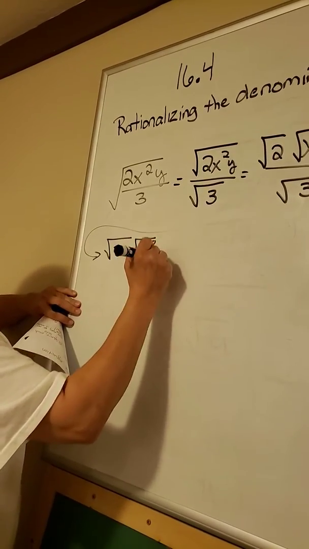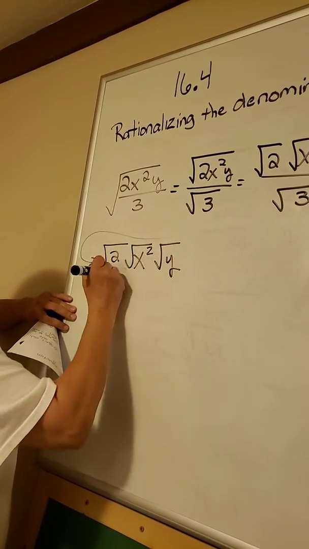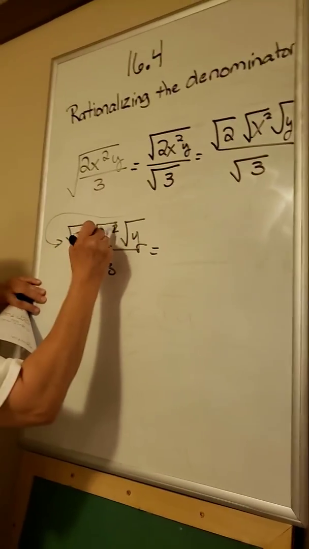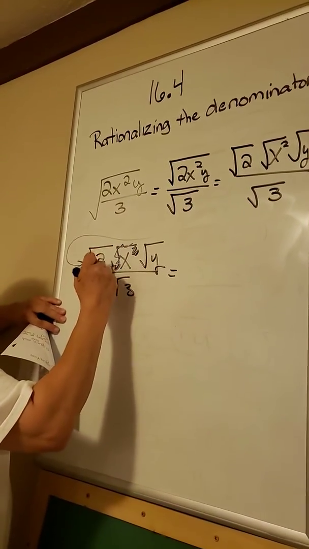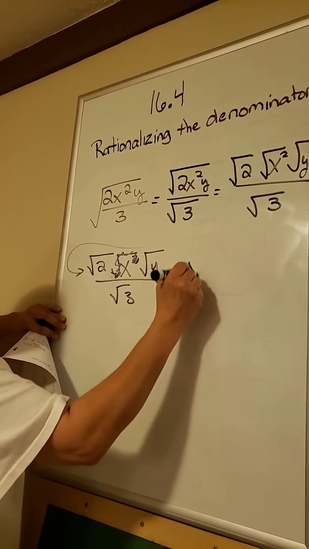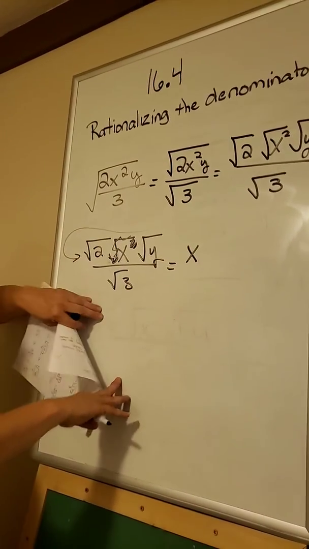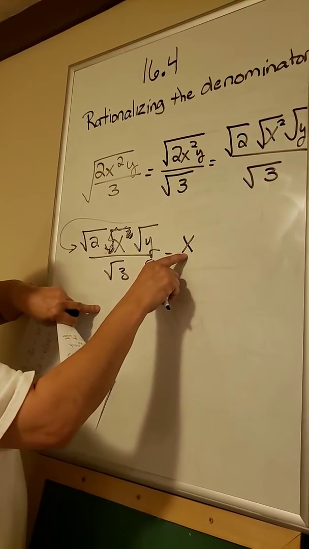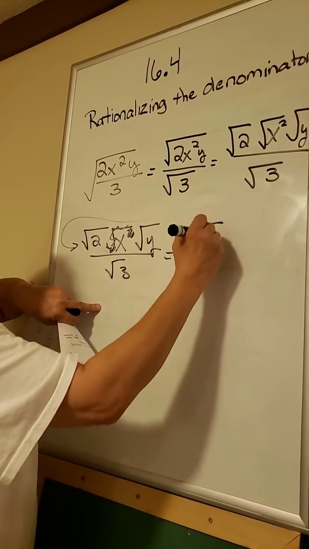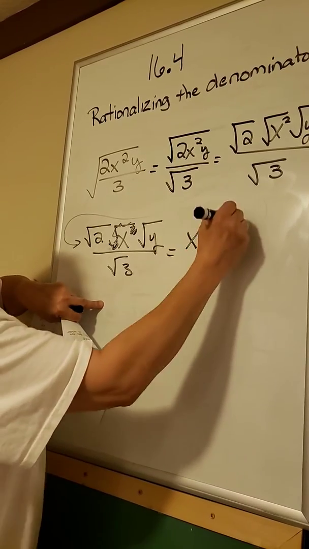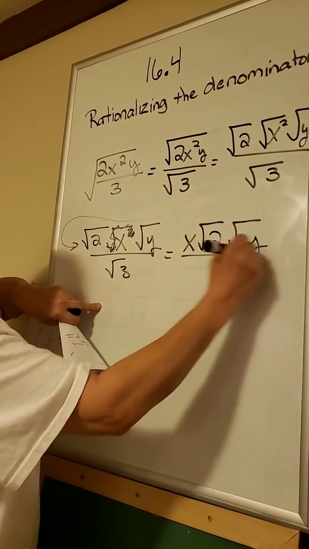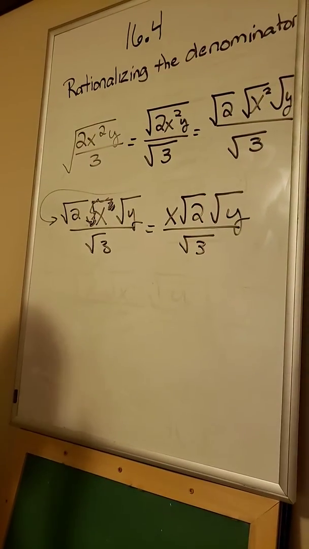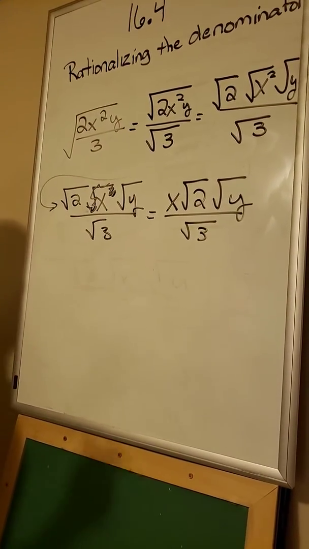There's more math involved behind the scenes that you'll learn in another math class. So if you think about this, the square cancels out the radical, leaving you just with x. And that x is on the outside of the radical because its radical got canceled. So you're going to have x, and then you're going to have radical 2, and you have radical y over radical 3.